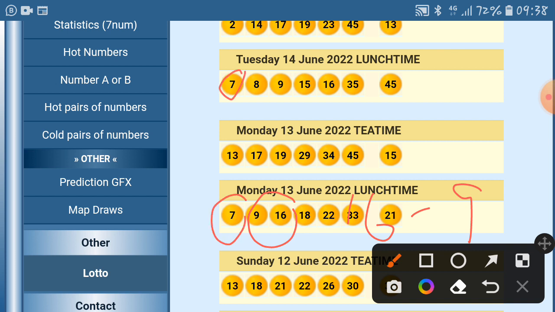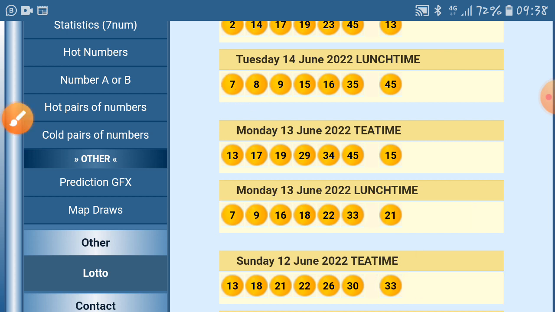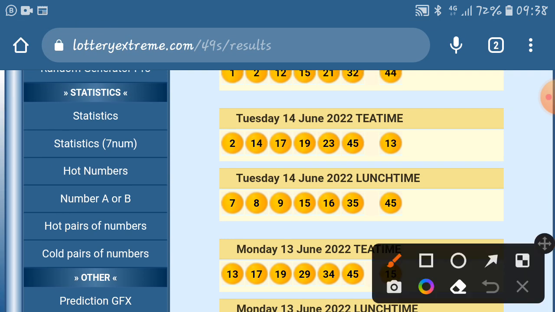Though 7 is here, so we plus 1, there is 8 as well. 19 plus or minus 17, we get a 2 here.